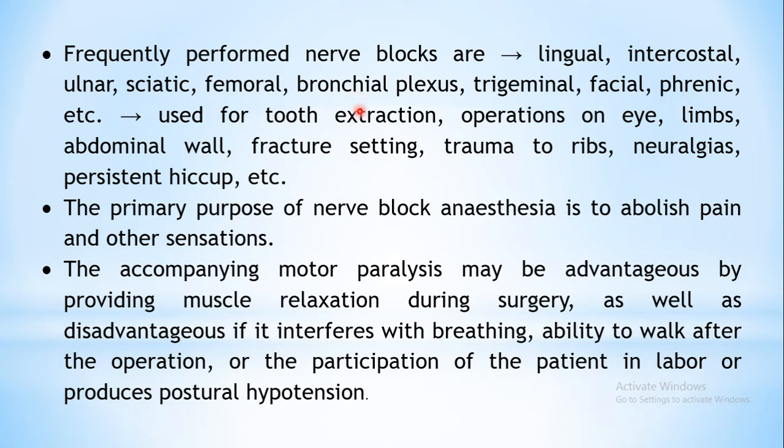Depending upon what your procedure is, which area you need to anesthetize, accordingly you should select the appropriate nerve, nerve trunk or plexus and inject your local anesthetic. Procedures which can be carried out include tooth extraction, operations on the eye or on the limbs, upper limb or lower limb, or superficial procedures on the abdominal wall, fracture setting in the limbs, and trauma to the ribs.